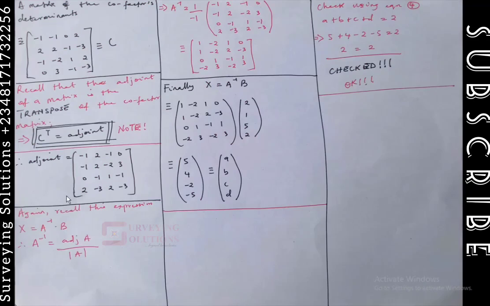Good. So what we are now going to do is just fill it into the equation, which now means that for our inverse we have something like this, 1 over -1.